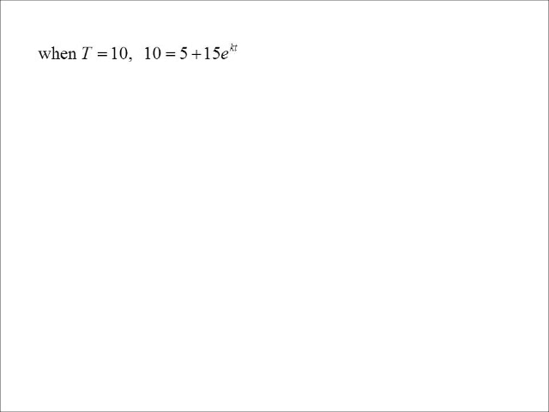We now want to know when the temperature is going to drop to 10. So when is 10 equal to 5 plus 15e to the kt? Again, another exponential equation to solve. This time we're trying to find t. So we end up with 1 on k, the log of a third, k being that number we just worked out in the last step.